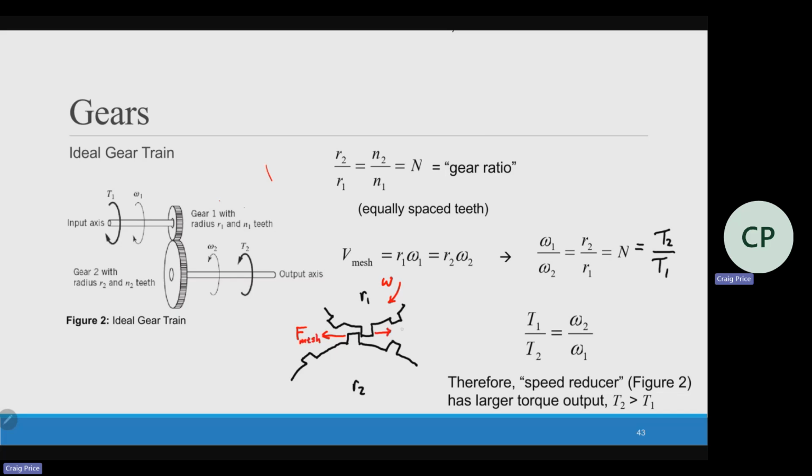That's equal and opposite on those gears. So as this gear is turning, there's going to be some opposition. So there's a contact force in between that's equal and opposite. That's another way that we can look at the torque here. So torque would equal that mesh force times the radius.